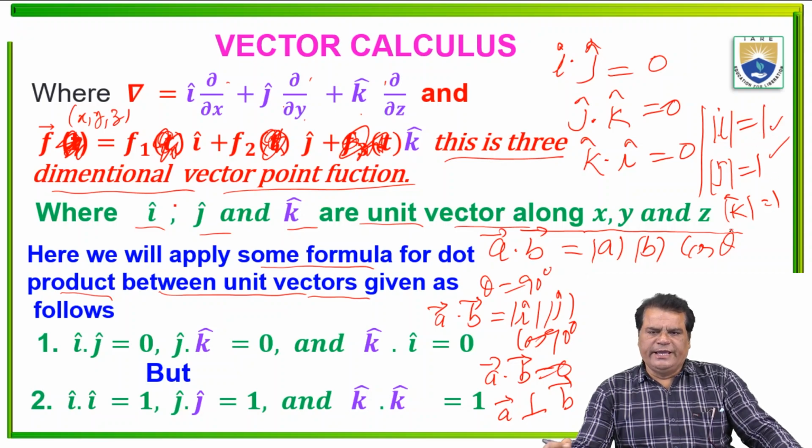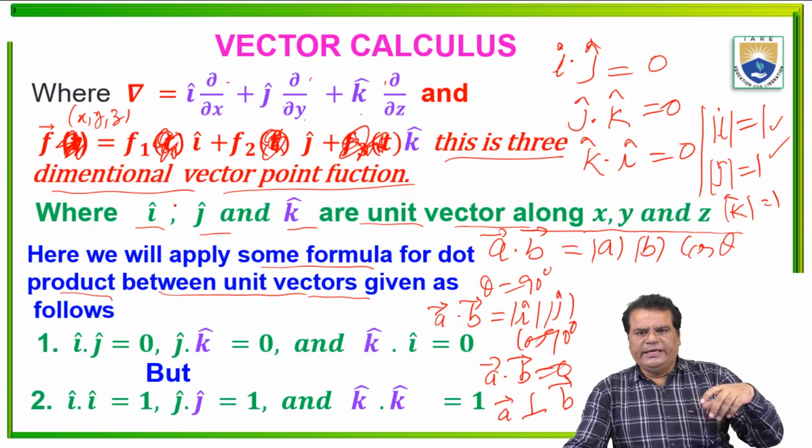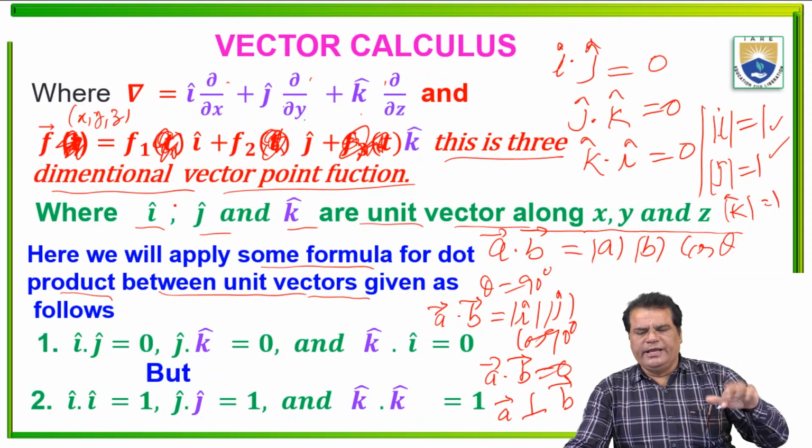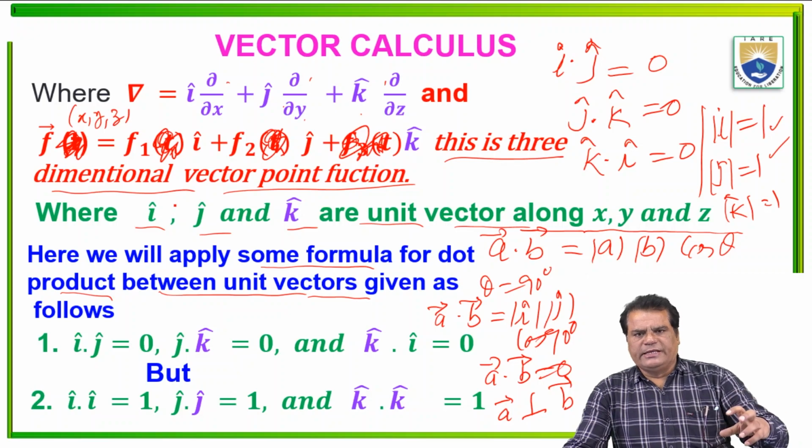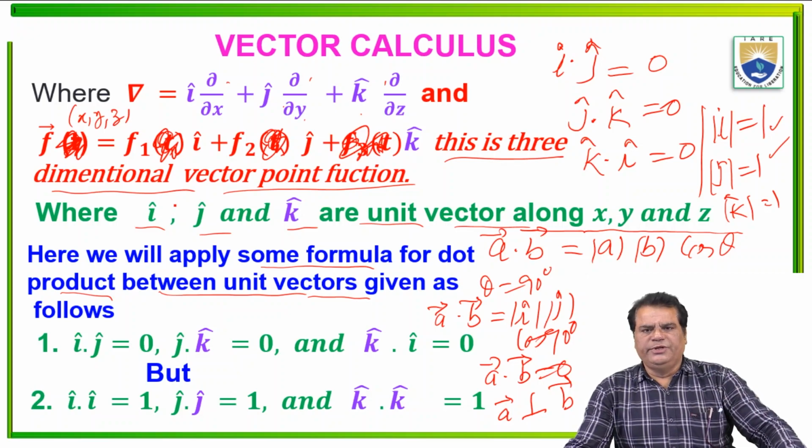So i, j and k are unit vectors, but they are mutually perpendicular to each other. These vectors are at right angles to each other.